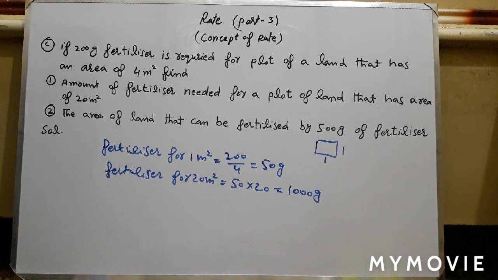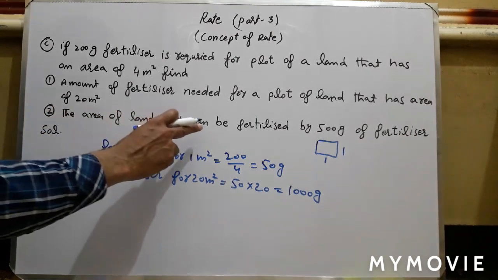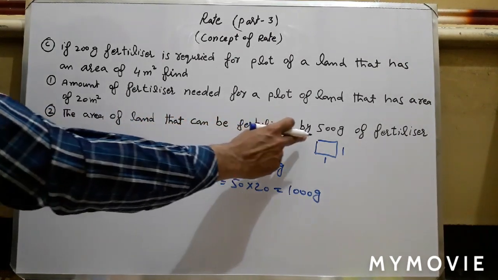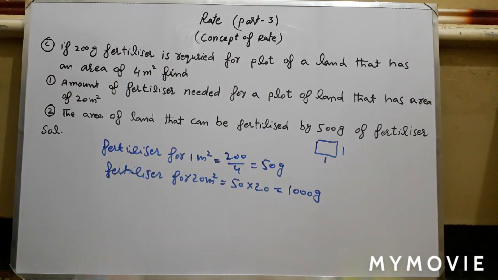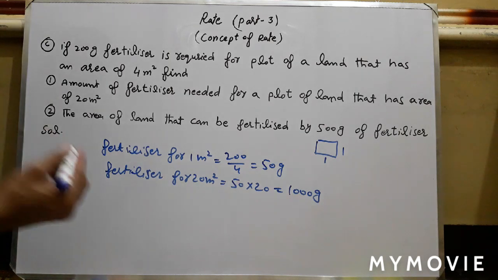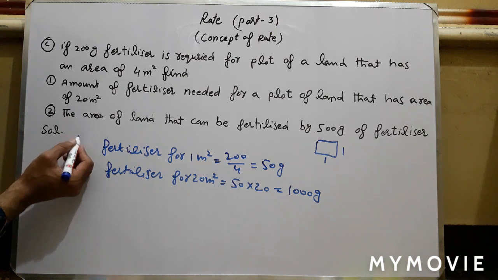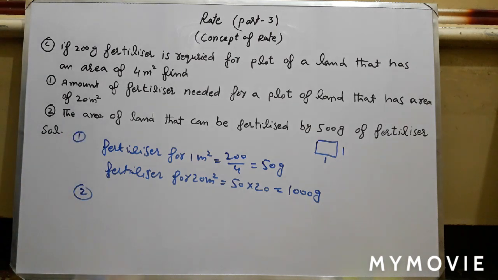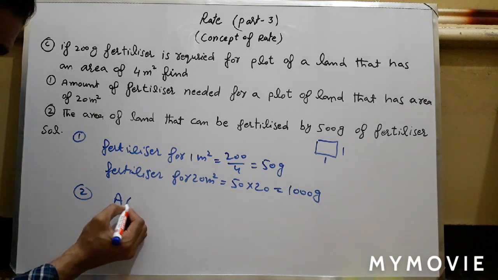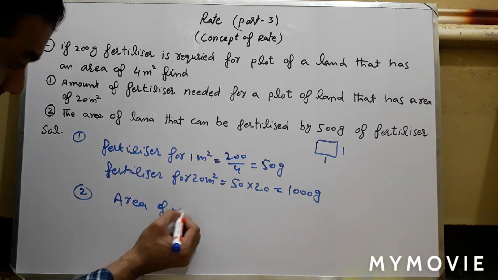And my second part: the area of the land that can be fertilized by 500 grams of fertilizer. In this question we find out the area of the land.